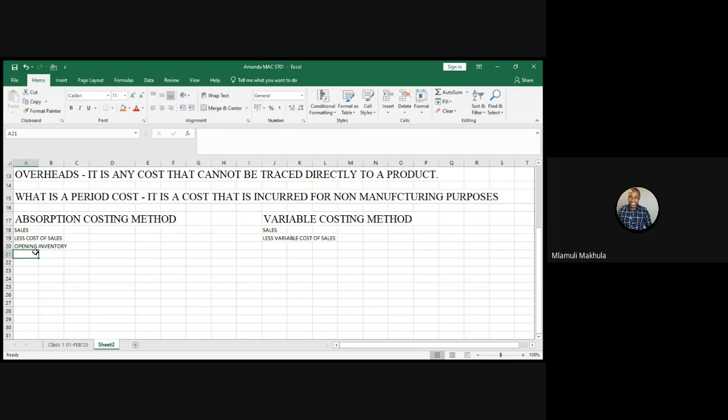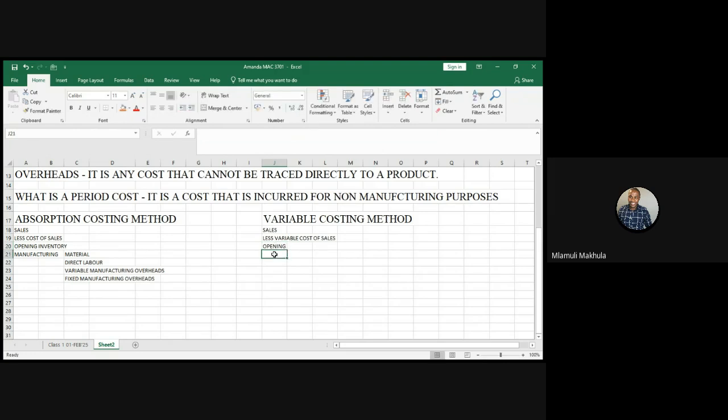We will have your manufacturing costs, of which manufacturing cost will include your material, your direct labor, your variable manufacturing overheads, and your fixed manufacturing overheads.